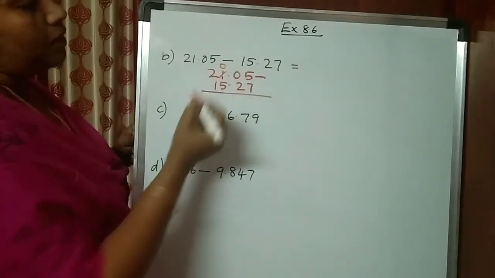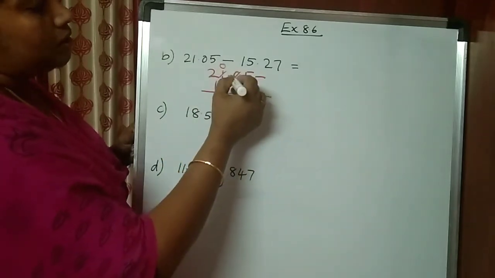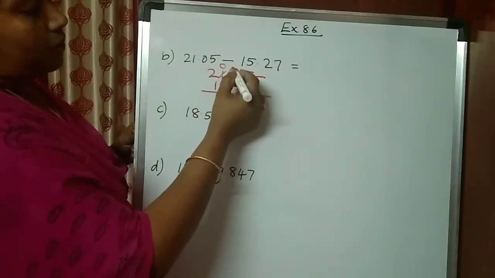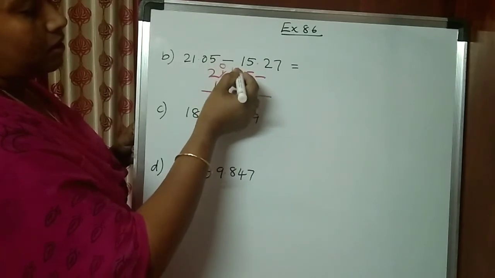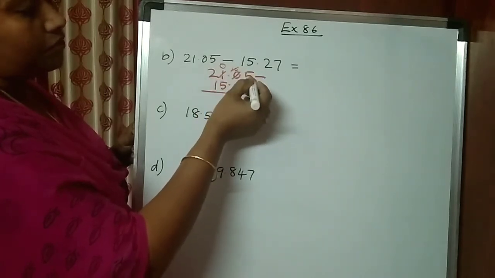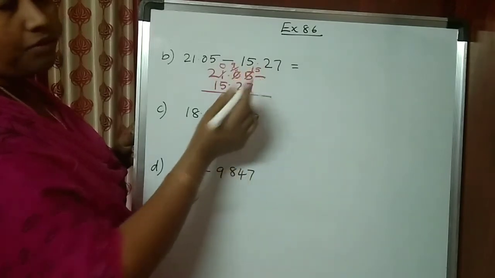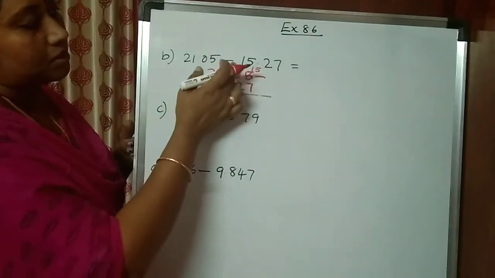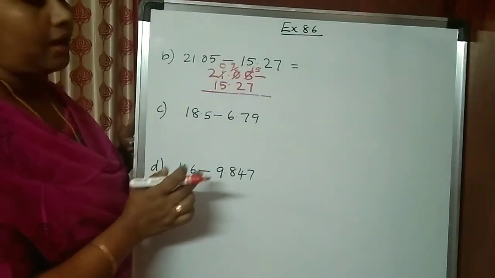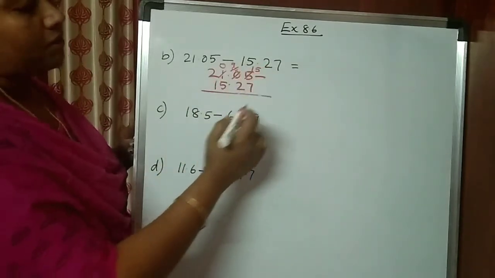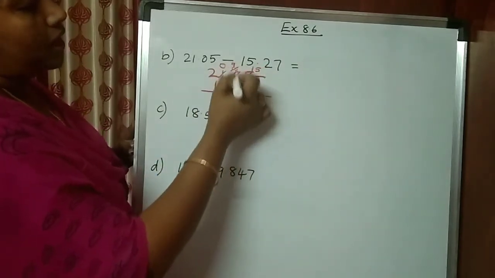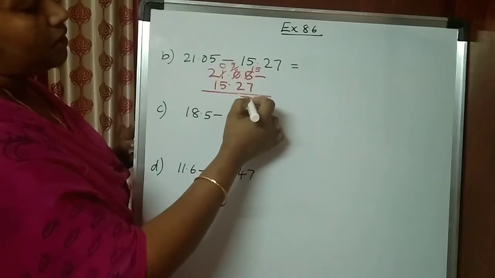So this 1 becomes 0 and this 0 becomes 10. Then you borrow 1 from this 10. So this 5 becomes 15 and this 10 becomes 9. Then 15 minus 7 is what? 8. 9 minus 2 is 7.